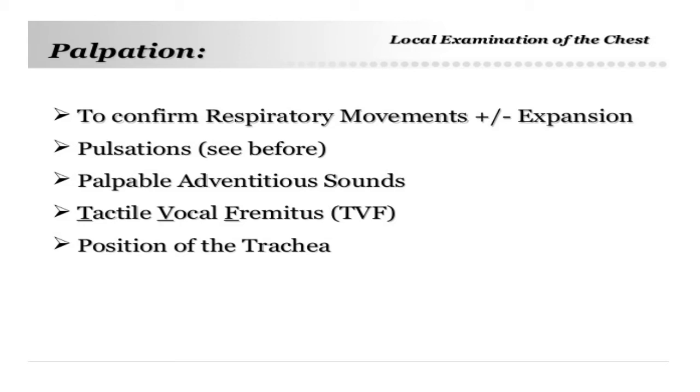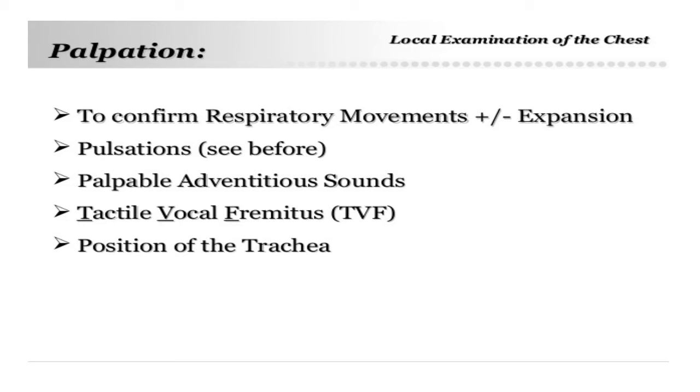Vocal fremitus is nowadays excluded, but you can still check it, or your examiner can ask you to check the vocal fremitus. Then you can ask the patient to say teen teen teen or 999 in all the areas one by one.